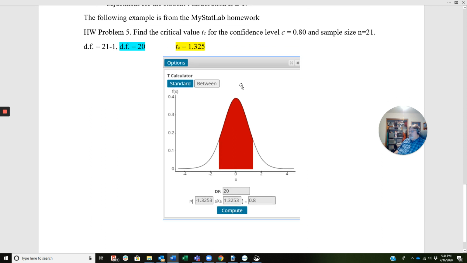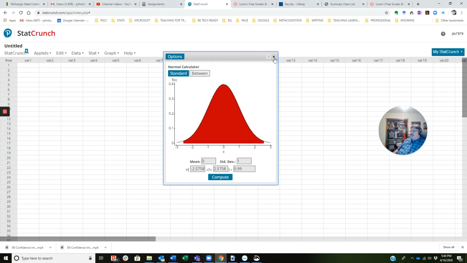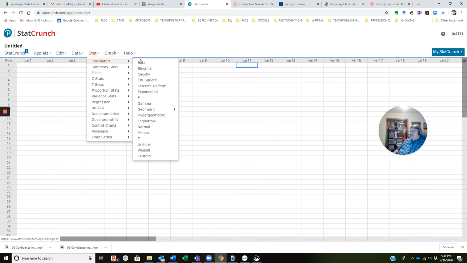I'm going to show you how to do this in StatCrunch. If you'll notice for the degrees of freedom, I entered the 20 here. I'm using the between again, 0.8, and I'm only going to use the positive here. So let's go back to StatCrunch and find this little calculator. Stat, Calculators, and down here we see the T calculator.